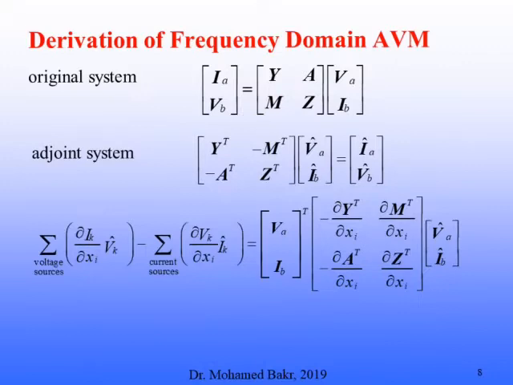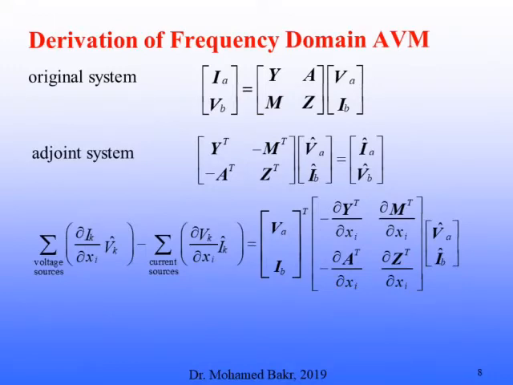Now if you manage to solve this circuit here, and you know the currents and voltages everywhere, and if you manage to solve this system here, and you know the currents and voltages everywhere in the adjoint system, then this expression will hold. Again, there is a long derivation for this. I'm not showing it in these slides.